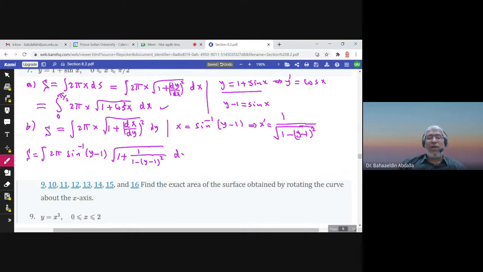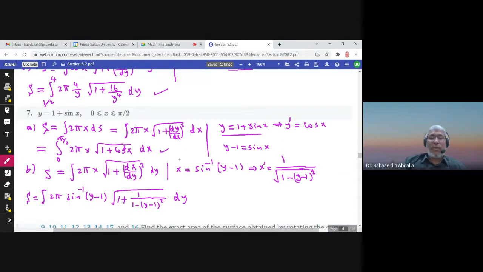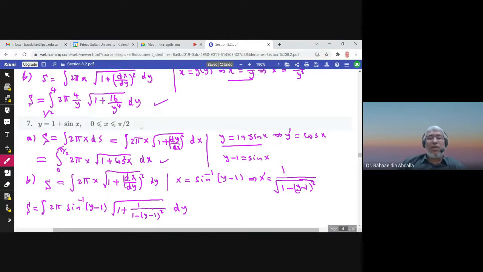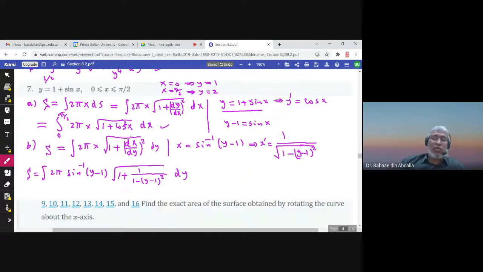And finally, I need to find the limits with respect to y. So here, if x is 0, sine 0 is 0, so y would be 1. And if x is pi over 2, sine pi over 2 is 1. So 1 plus 1 is 2. So y runs from 1 to 2.